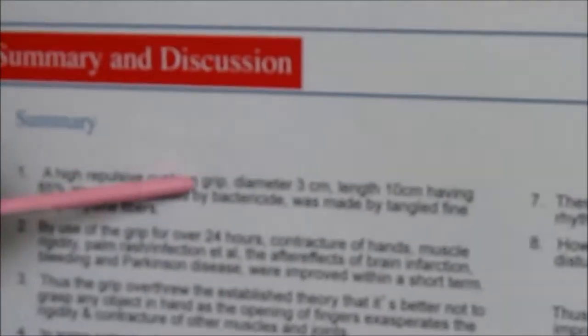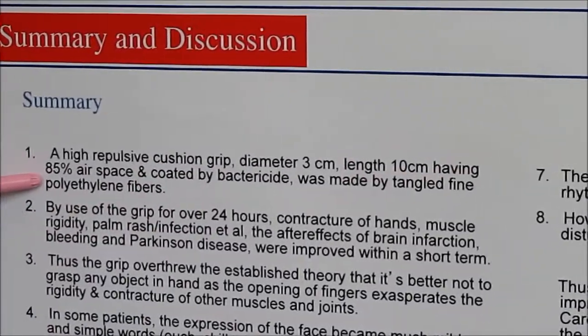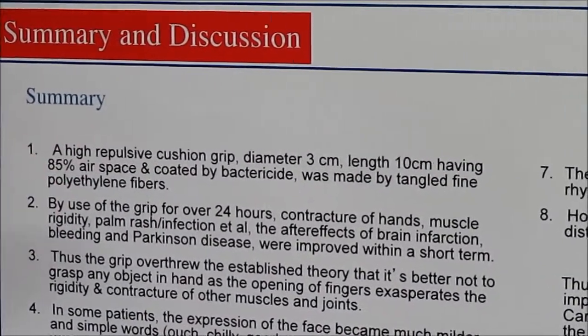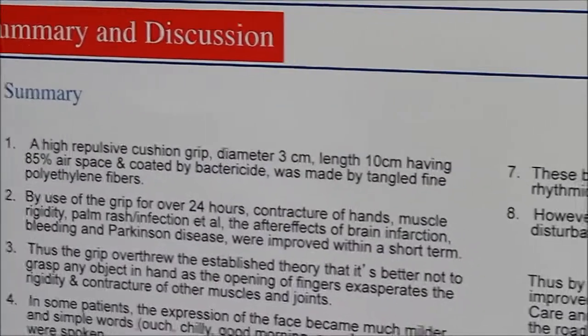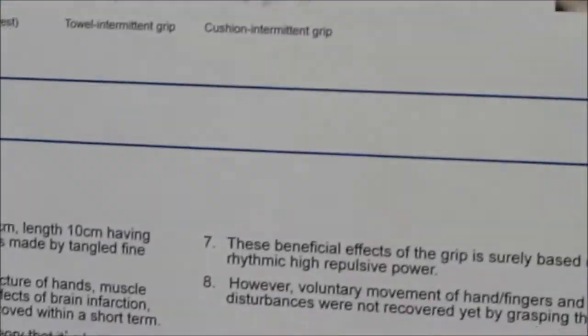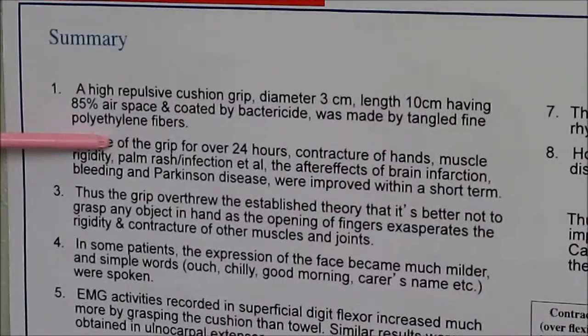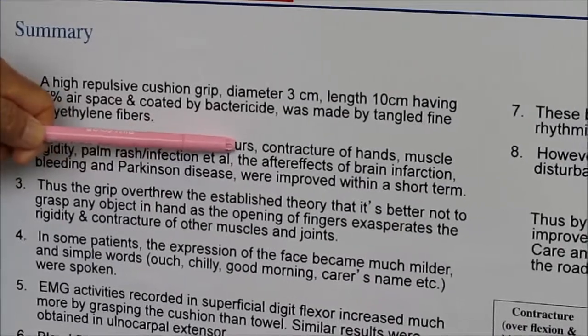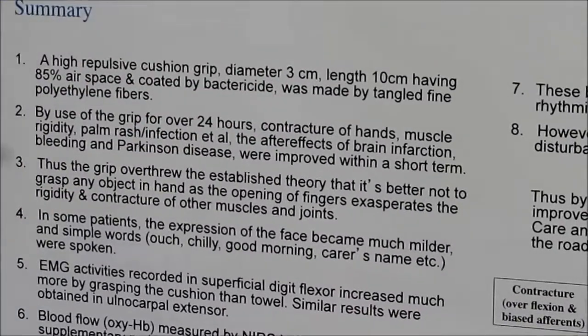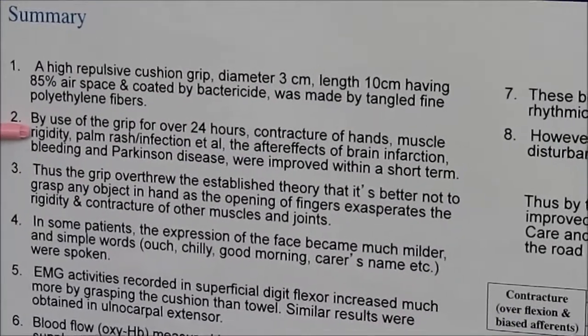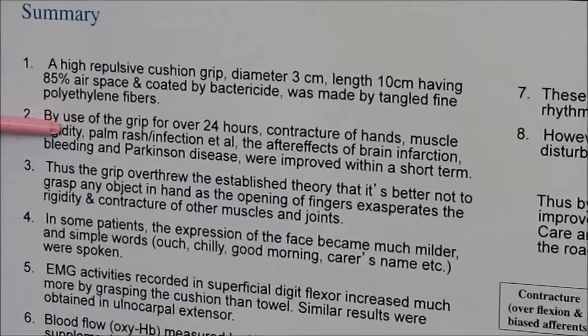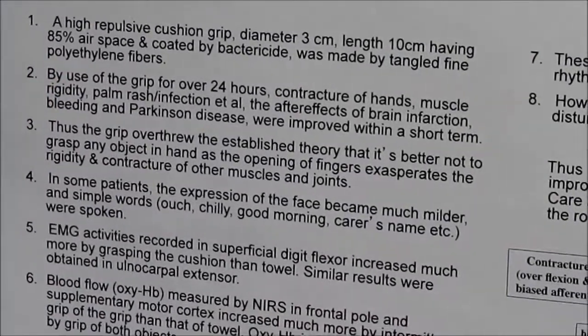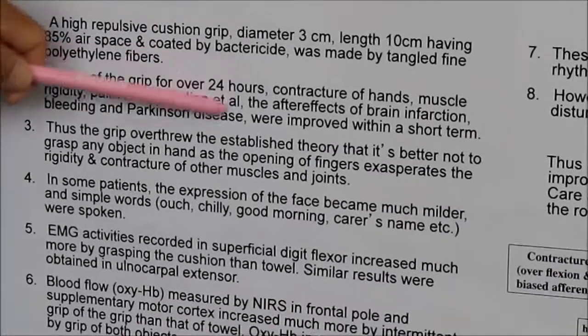So, in summary, the high repulsive cushion grip made from tangled polyester fibers, by using that grip for 24 hours, I mean continuously, over 1 month, the hand contracture, rigidity of the muscles, and movement range of the angles was ameliorated.